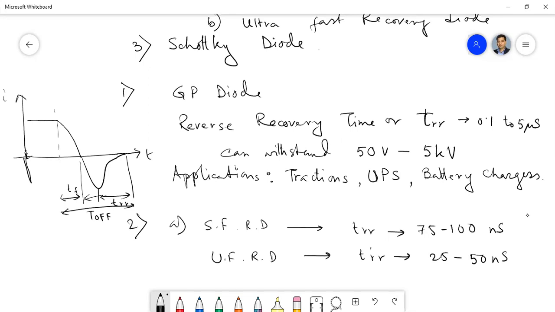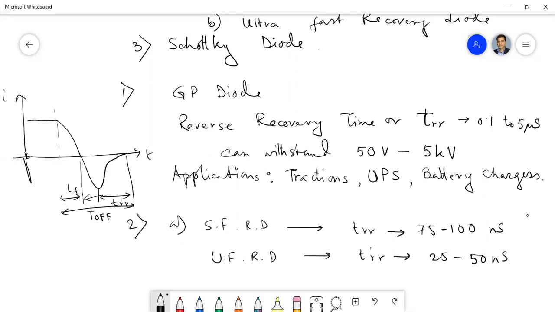That means what is the space charge region, what is the reverse bias situation, forward bias situation. So many things we have to discuss before that. Otherwise, you won't understand why we are getting this reverse recovery phenomenon. So I'm not going into that today because that will need a complete class.